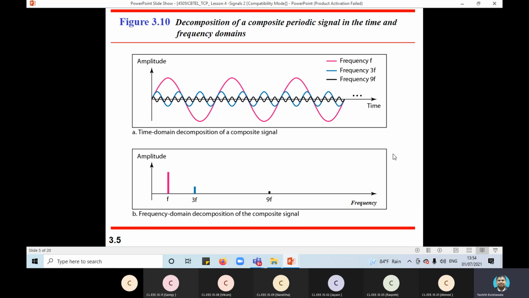Therefore, you must understand that the second wave is an integer multiple of the first wave frequency, and the third wave frequency is the ninth integer multiple.